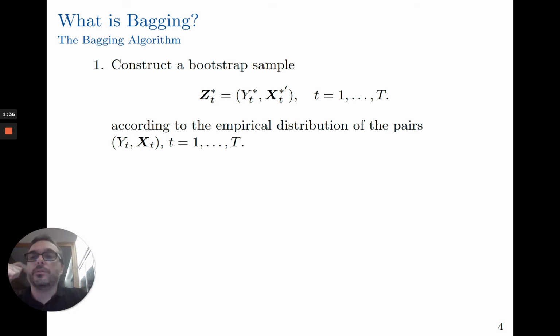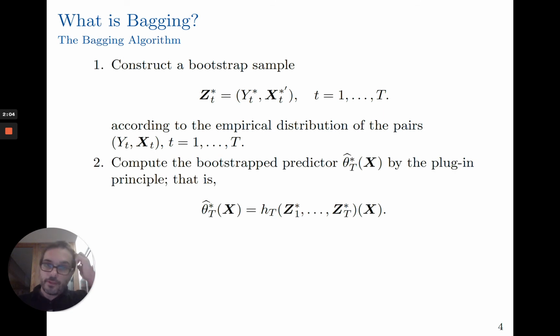And so what's the bagging algorithm? We are going to construct a bootstrap sample of the data. So basically what we're going to do is take the original data and resample with replacement from it. And then we are going to form a bootstrap sample that we are going to call Z star.